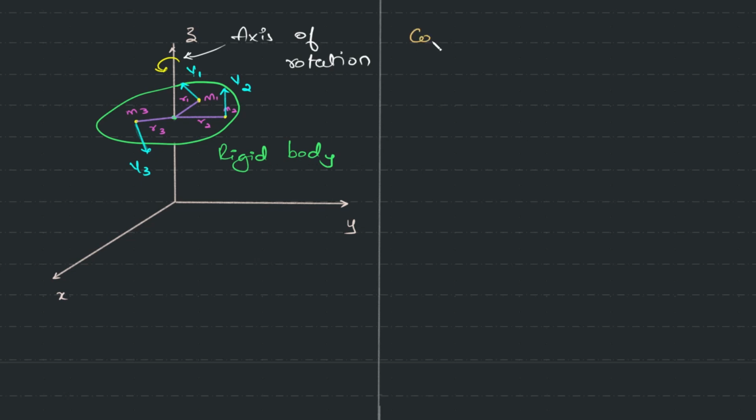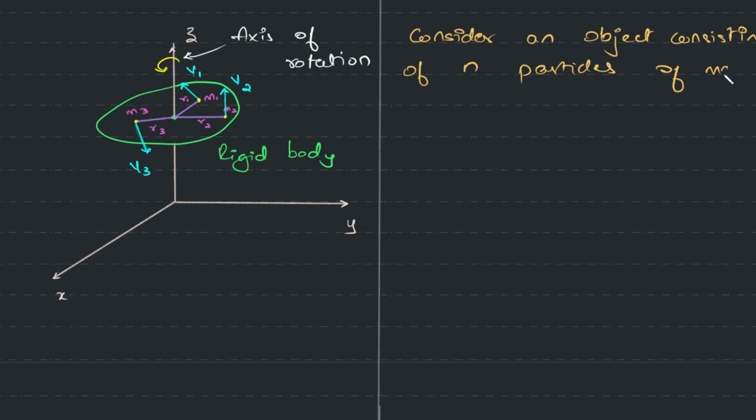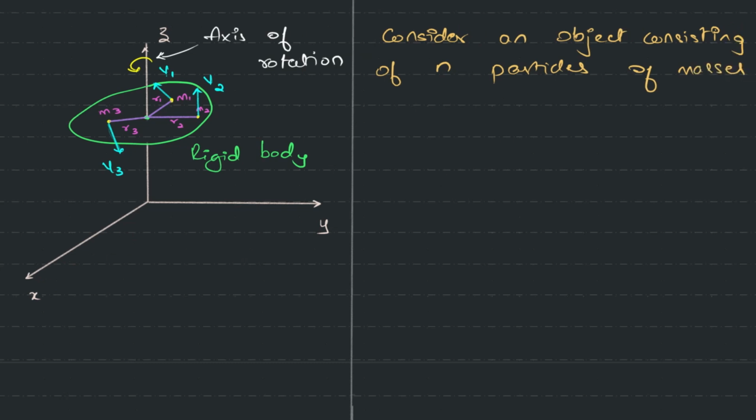So we are considering an object consisting of say n particles. It can be of any mass. So I'm writing masses over there, you might not be able to see.